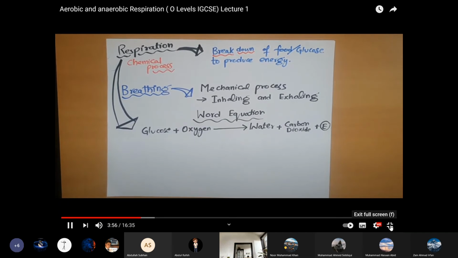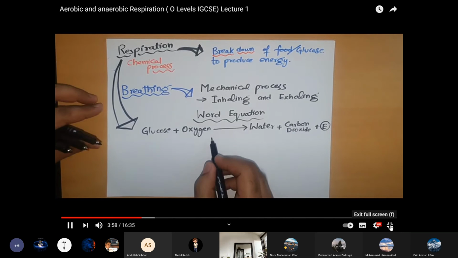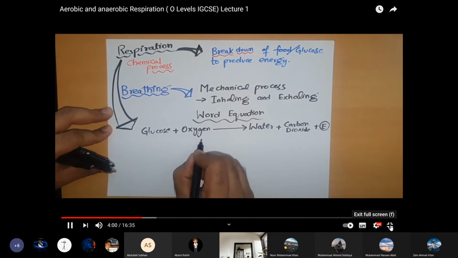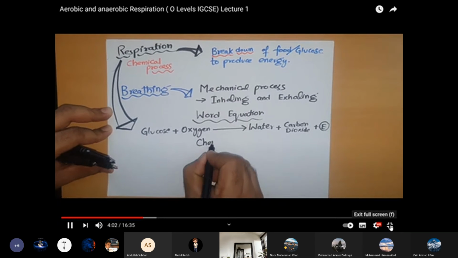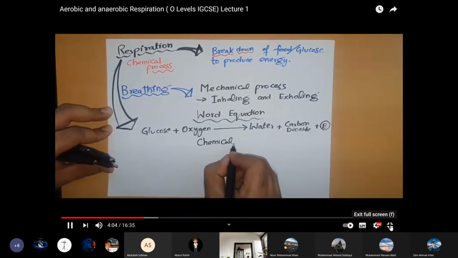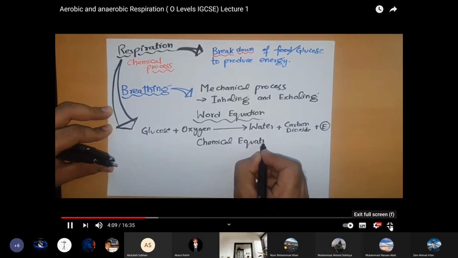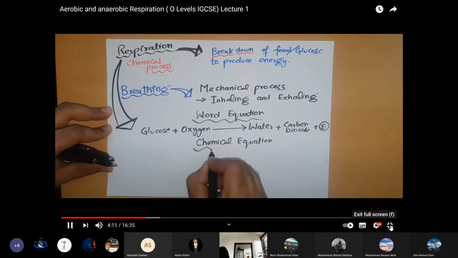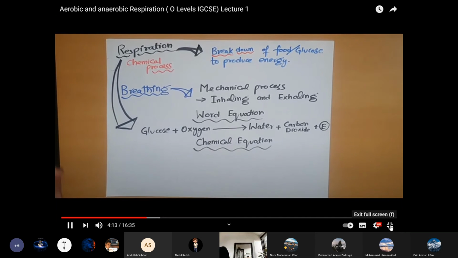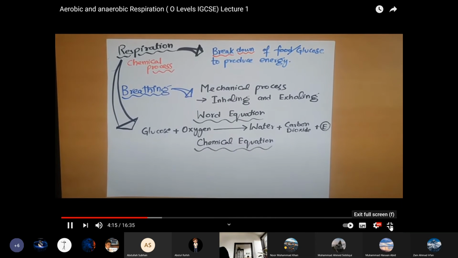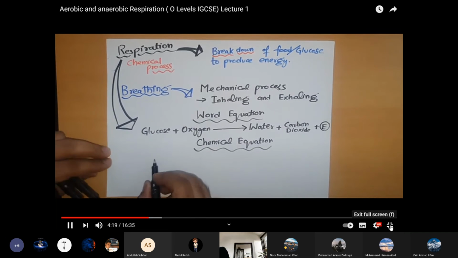Now we can also represent the same equation in the chemical form, and we can call it the chemical equation. In biology, whenever we represent a chemical equation, we always represent it in the balanced form.